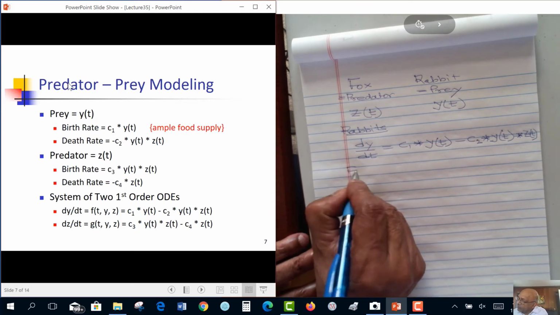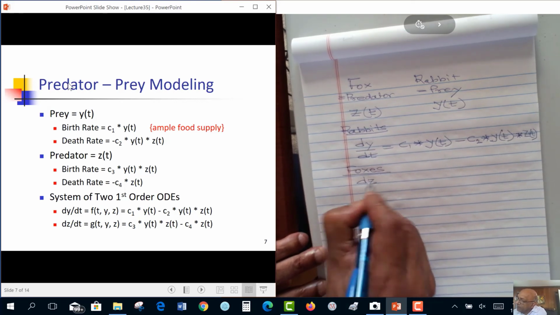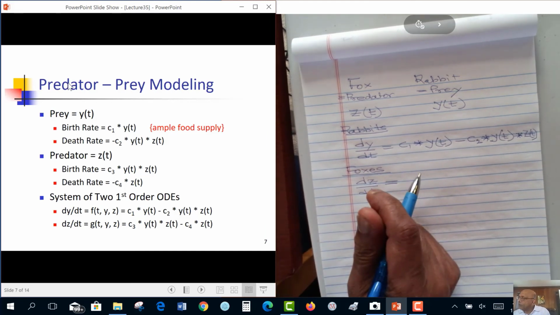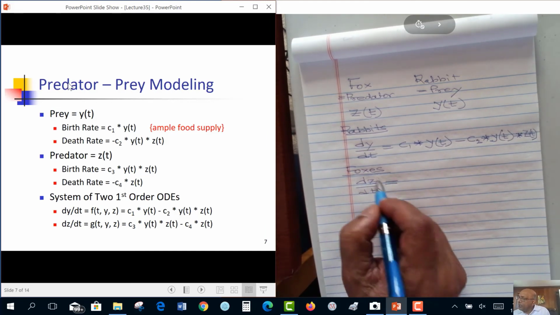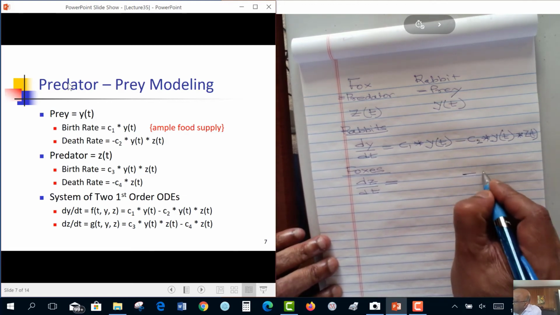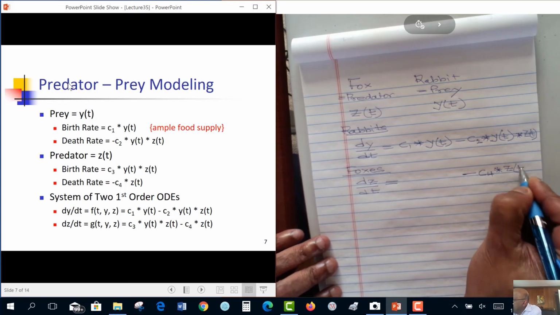Now let's look at foxes. So that is dz/dt. Of course, they can only die proportional to their own population. They don't have any predators. So we will say minus C4 times z(t) is their death rate.